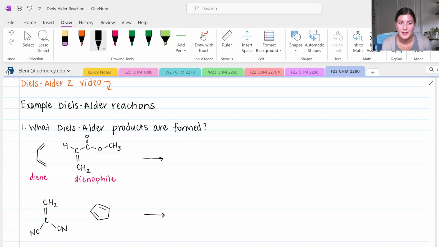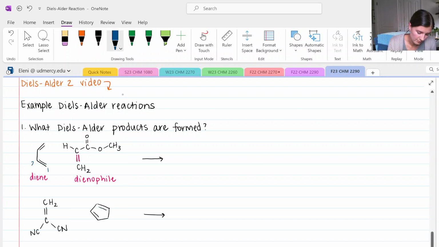So we know that the dienophile, wherever that carbon-to-carbon double bond is, those two carbons now add to carbon 1 on the diene and carbon 4 on the diene.